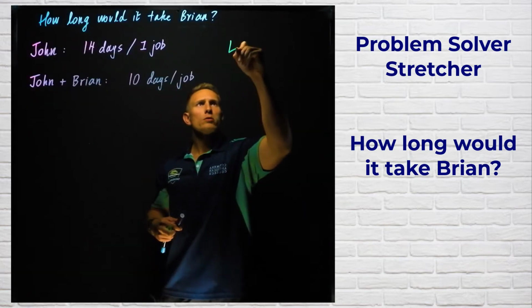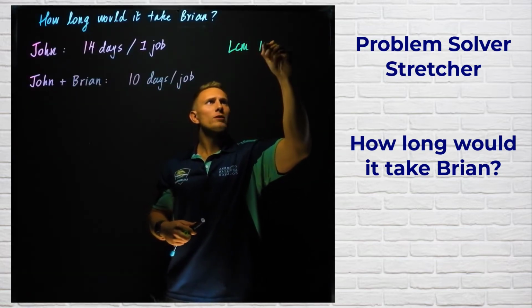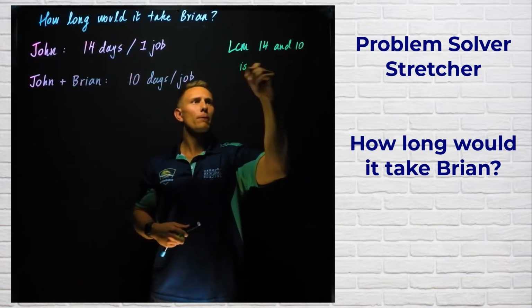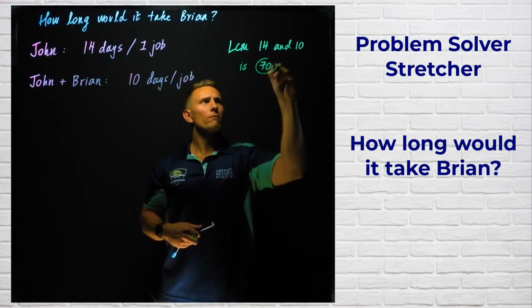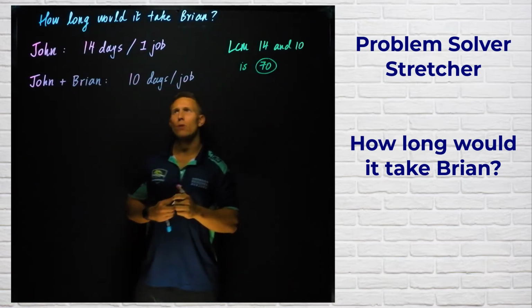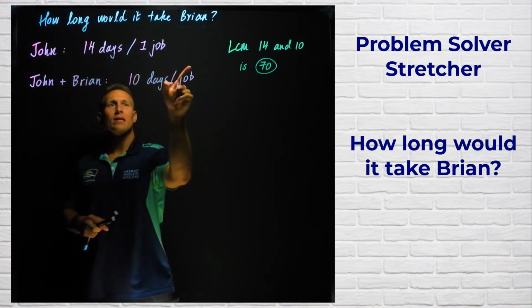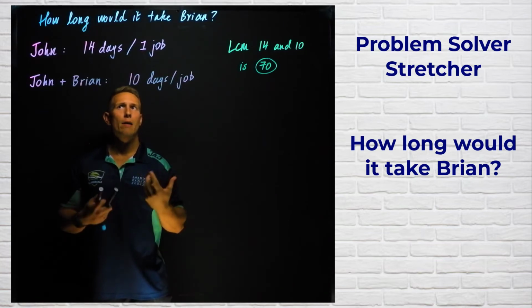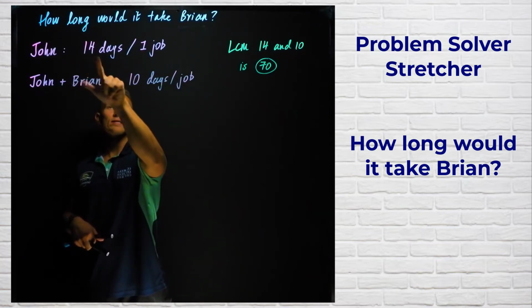So the lowest common multiple of 14 and 10 is 70, okay? So we're going to multiply both of these rates by a number in order to get this to 70 days, okay?